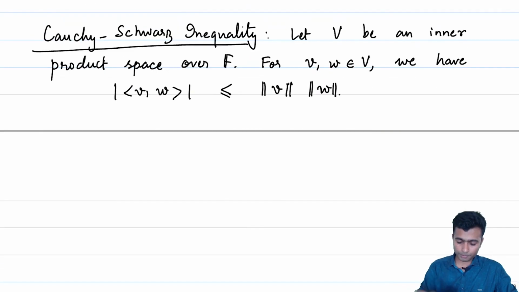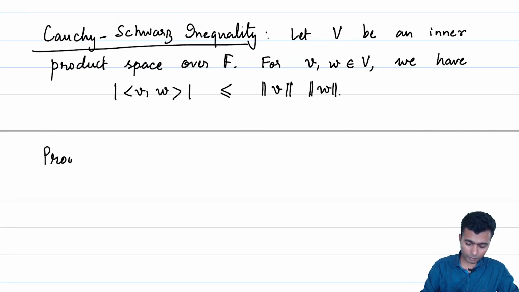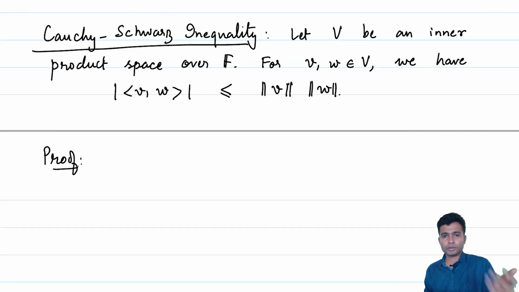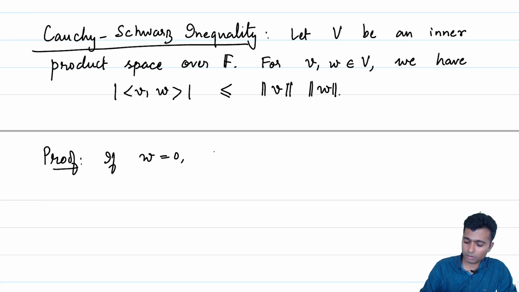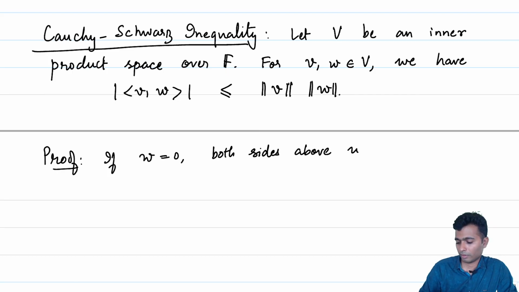So how does the proof go? If W is equal to 0, you can notice that both sides of the inequality will turn out to be 0, because the inner product of any vector with 0 is 0 and the length of the 0 vector is 0, as has already been noted. So if W is equal to 0, both sides above will be 0.